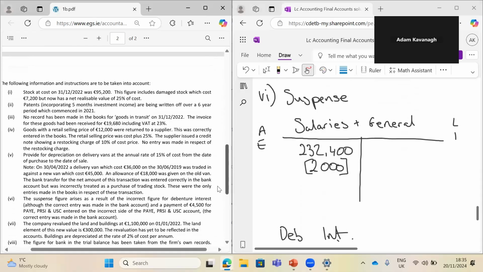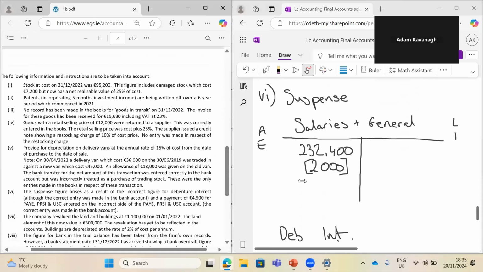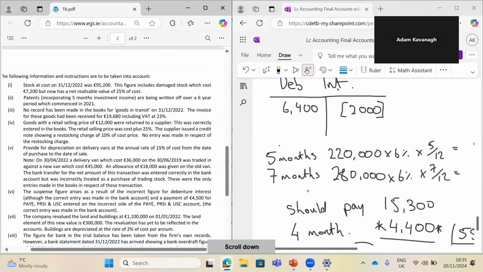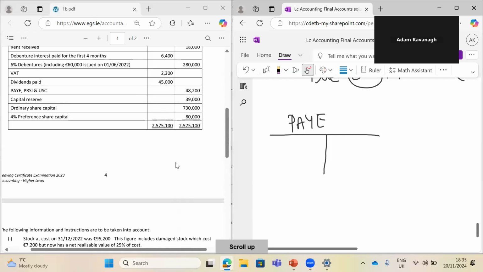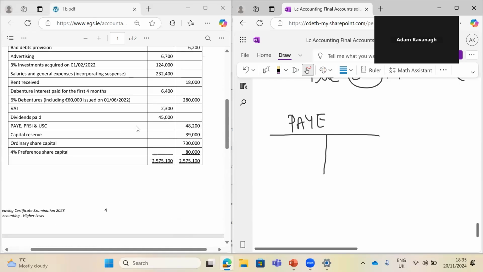The next part is to look after the PAYE. PAYE, PRSI, and USC, but we'll just write out PAYE for now. And we know PAYE is a liability. It's on this side, 48,200.